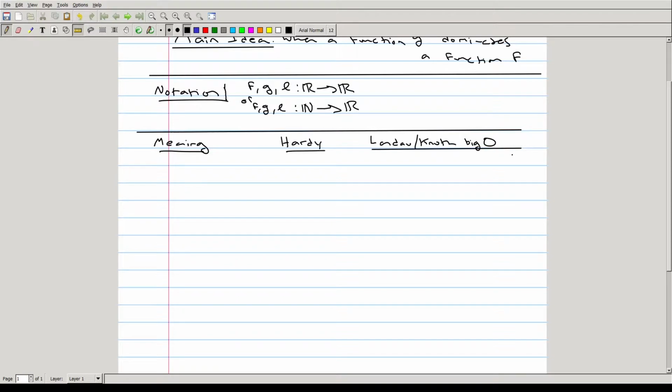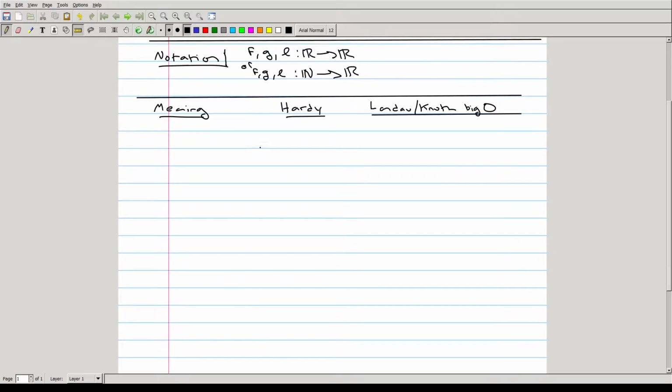The book doesn't mention the Hardy notation at all, but it focuses on just the Landau Knuth big O notation. However, I think both the Hardy notation and the Landau notation are very important to understand, which is why we're going to go through and discuss this.